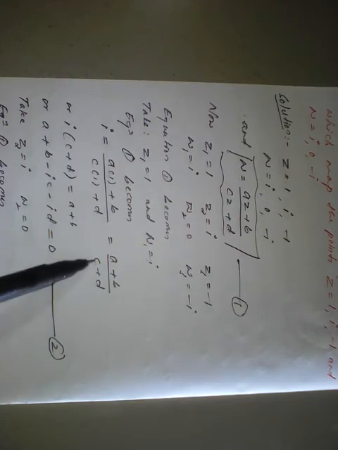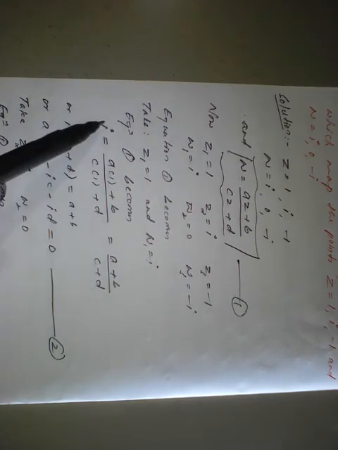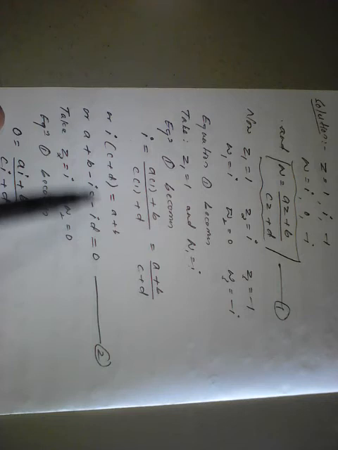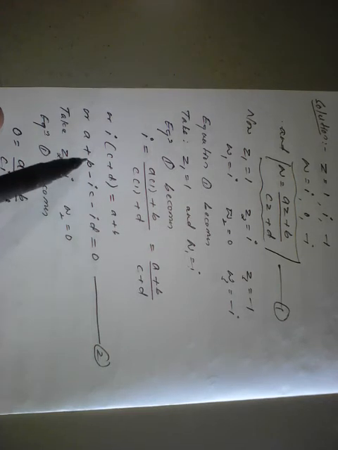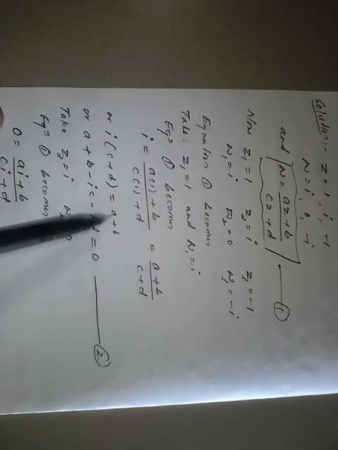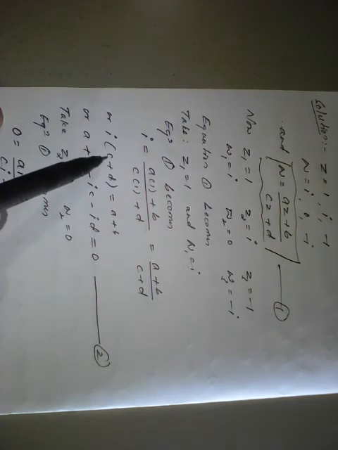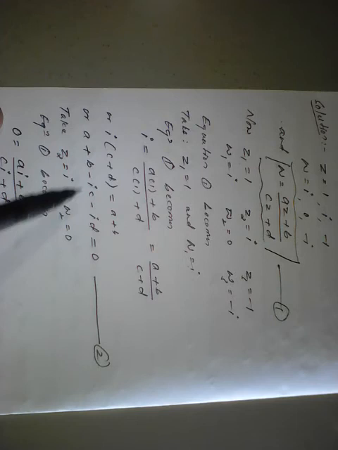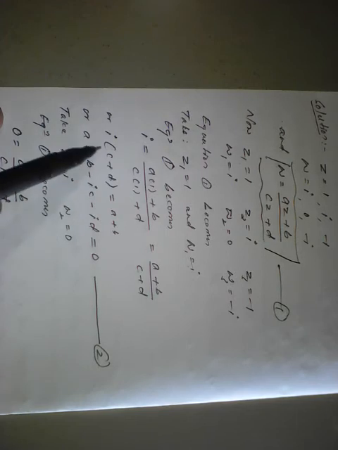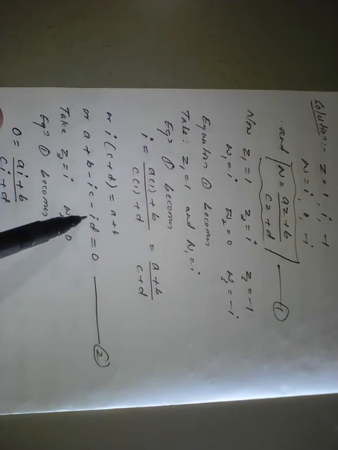Cross multiply c plus d to the left hand side: i times (c plus d) is equal to a plus b. Open the bracket and make the right hand side 0. So a plus b as it is, and i into c, if you shift to the other side, it will be minus ic, and i into d shifted to the other side, minus id equal to 0. We will get one of the equations.